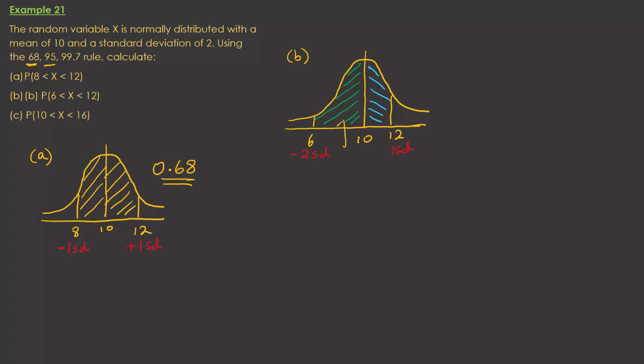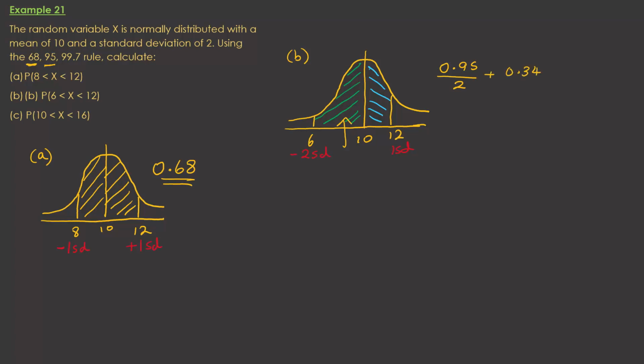So this is going to be half of the 2 standard deviation figure. So in other words, it's going to be 0.95, which would be 2 standard deviations either side, divided by 2 because we've just got one side. And this side is going to be half of the 68. So that's going to be 0.34.